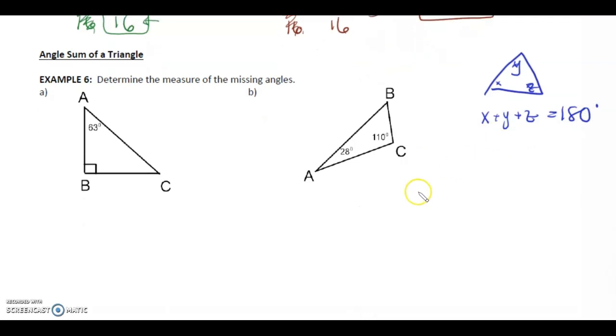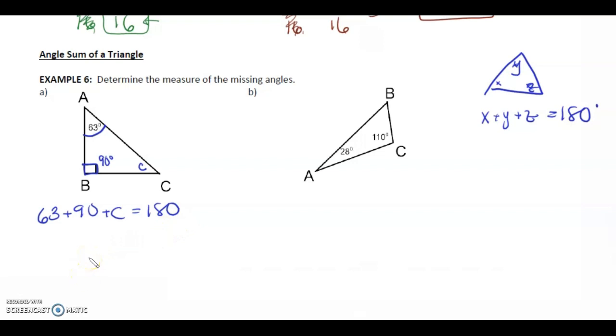Okay, so example 6a, we have 2 angles. We have 63, and we actually have 90 degrees just by them putting a box in the corner here. So we know that we have to just solve for c. Okay, because it says determine the measure of the missing angles. So 63 plus 90 plus c is going to equal 180.